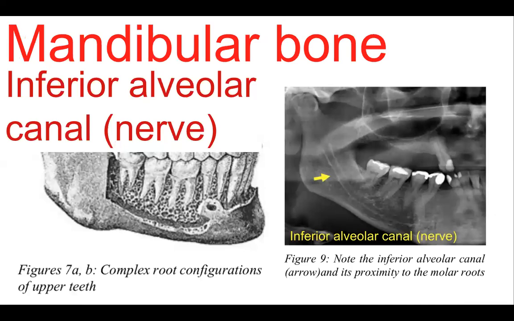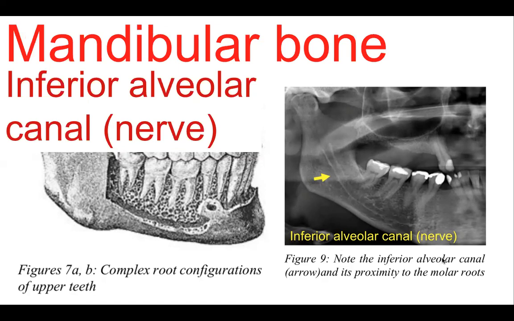It's the same thing for the mandibular bone. Inside the mandibular bone, there's a passage, a canal, which we call the inferior alveolar canal. Inside this canal, there's a nerve called the inferior alveolar nerve.